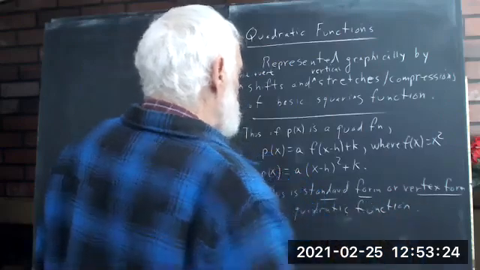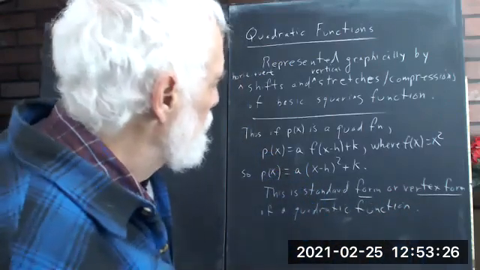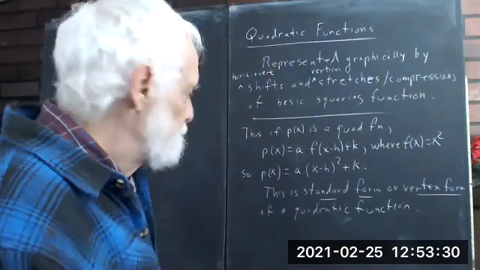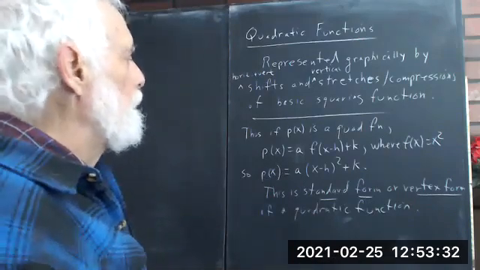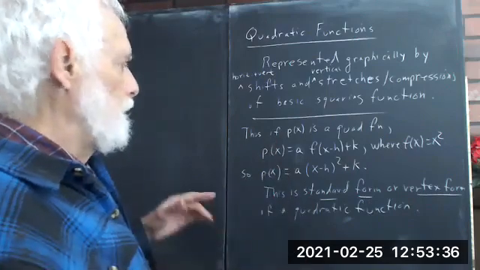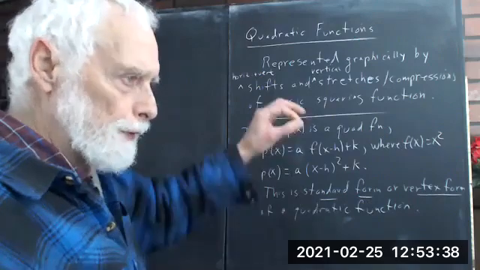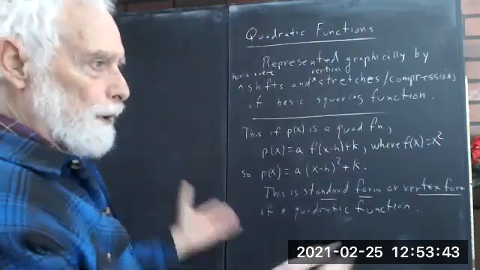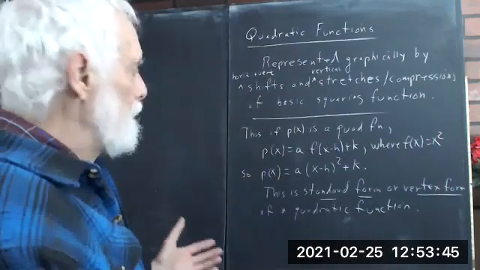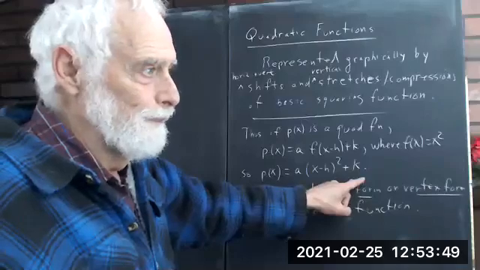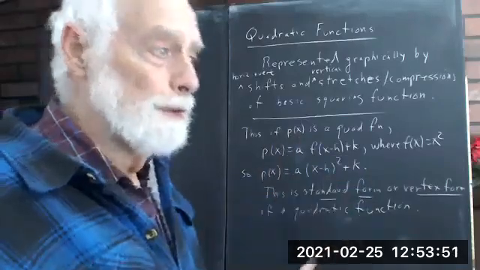Okay. It's easy to see from the fact that you're horizontally and vertically shifting the y equals x squared parabola, or a vertically stretched y equals x squared parabola, or compressed, that the vertex is going to be at hk. Because the vertex is originally at 0, 0.